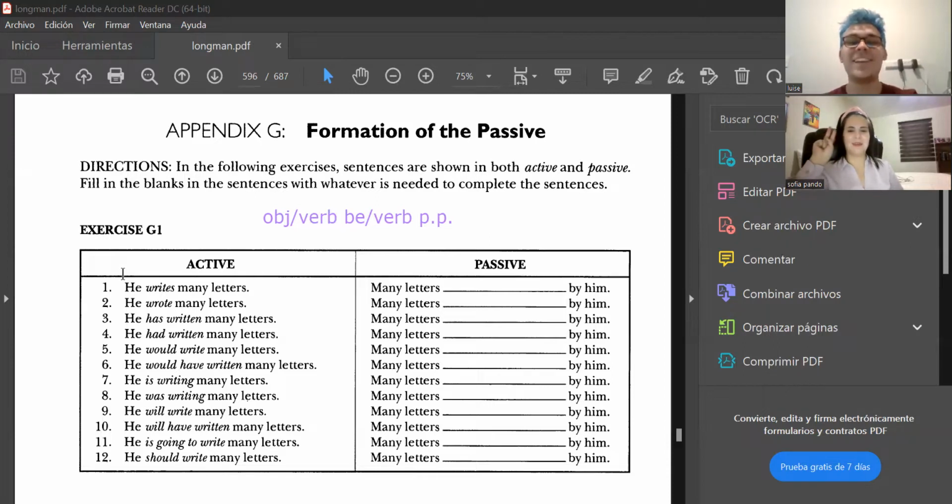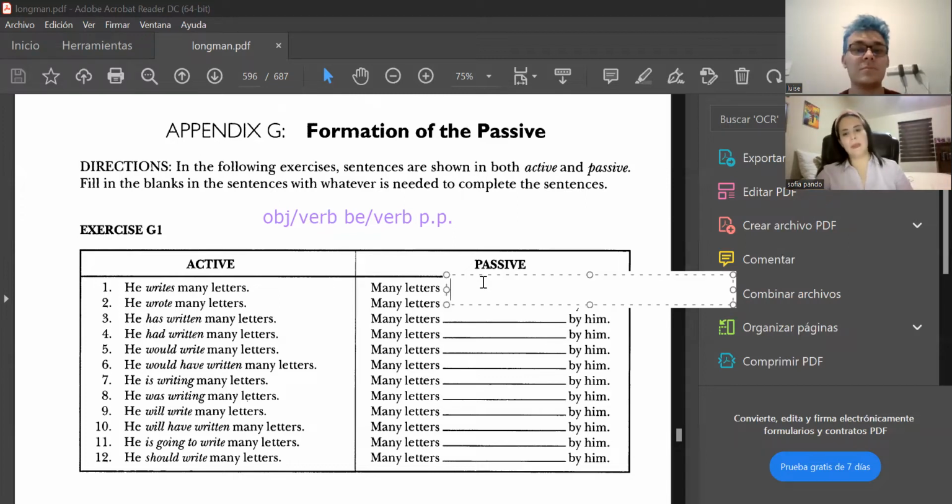Very good. We have am, and finally we have for plurals? Are. Very good. So for this case, we have many letters, which is a plural. Which verb to be do we have to use in this case? Are. Very good. So we add are.